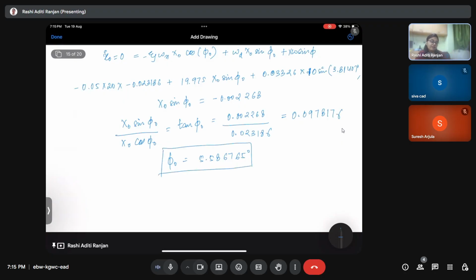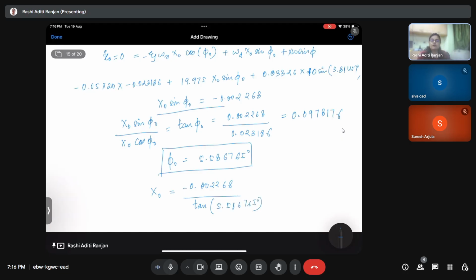So the last thing that I have to find out is the value of x naught, right? So we can use any of these equations, for example, if we use this equation, we are going to get the value of x naught as 0 minus 0.002268 divided by tan of 5.586765.